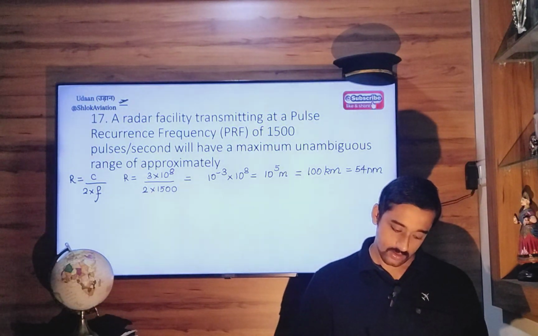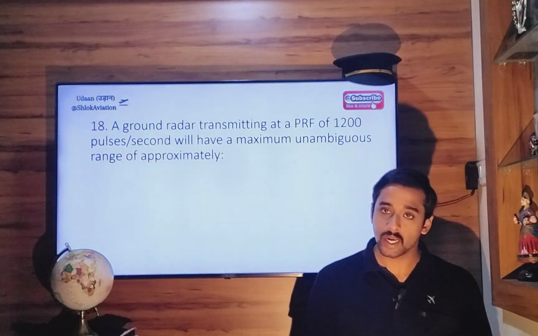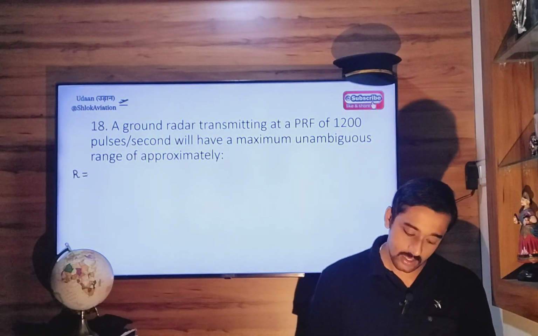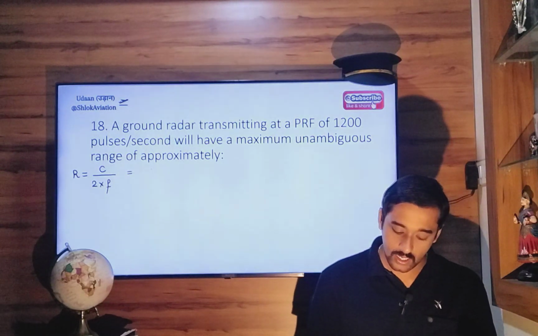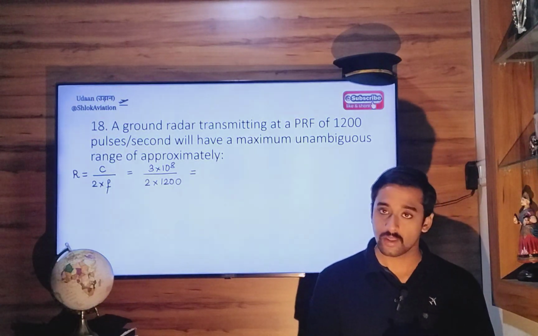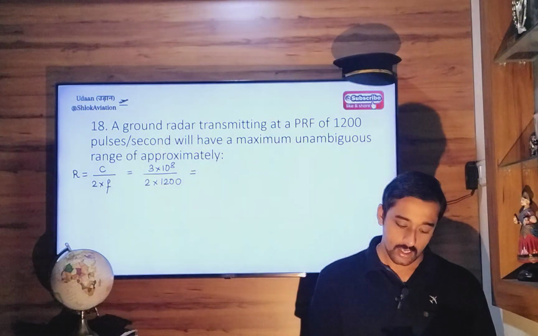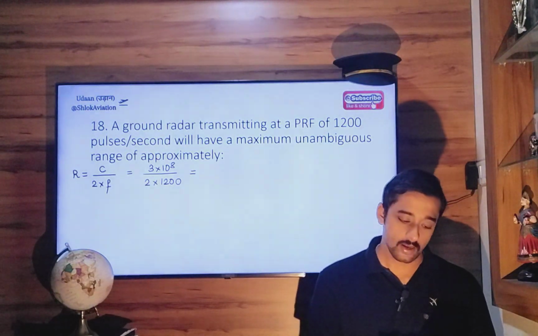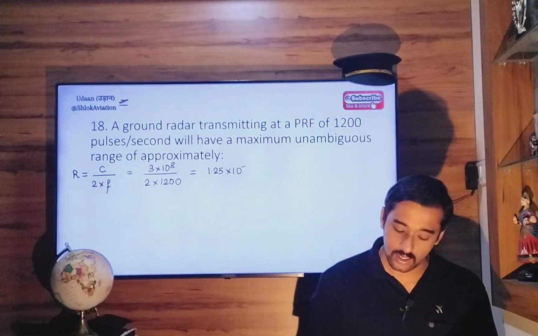Next, question number 18. Frequency is given to you. What will be the range? So range will be again C divided by 2 into frequency. So 3 into 10 raised to 8 meter per second divided by 2 into 1200 pulses per second. So 2 into 1200 is 2400. 3 divided by 2400 will be 1.25 into 10 raised to minus 3 into 10 raised to 8 meter.